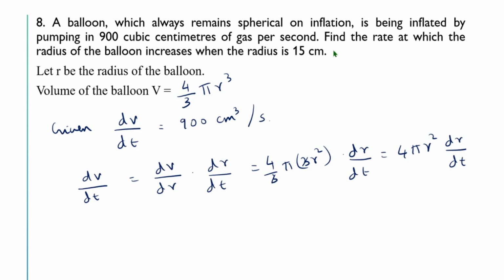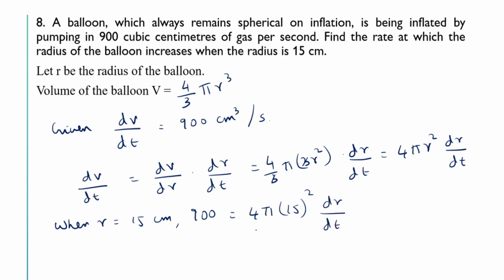So they have asked find the rate at which the radius of the balloon increases when the radius is 15 centimeter. So when r is equal to 15 centimeter, dV by dt is nothing but 900. 900 is equal to 4 pi into r is 15, so 15 square into dr by dt.